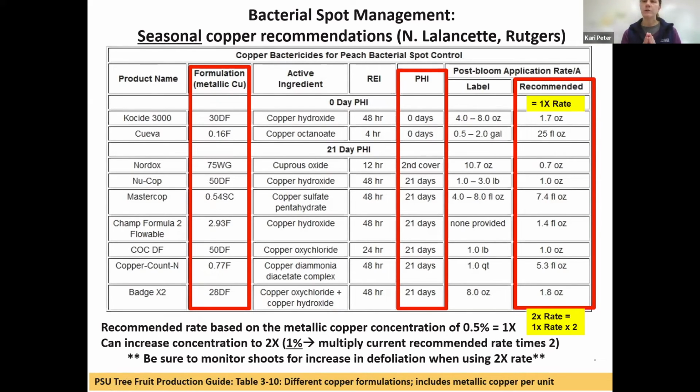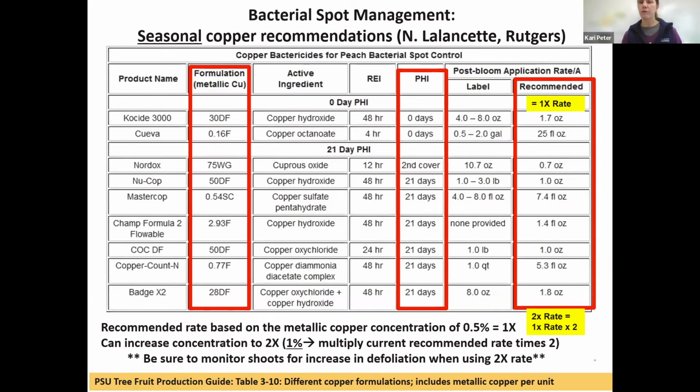What you're going to be focusing on is really two rates based on that metallic copper rate. The first rate is using 0.5% metallic copper. We call this the 1X rate. So in Cuprofix, you're using 1.7 ounces during your season.